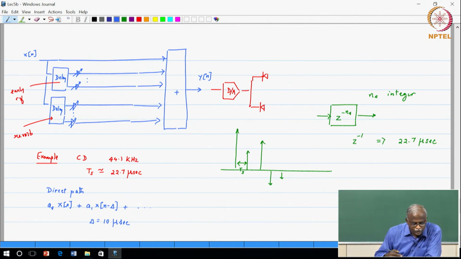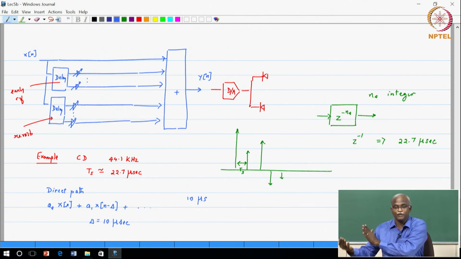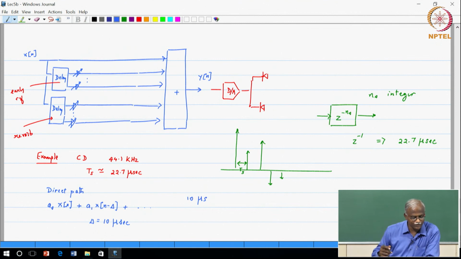So if you want to get 10 microseconds, and the total is 22.7 microseconds, you can either choose not to delay, or delay by 1 unit, which will move it to 22.7 microseconds.